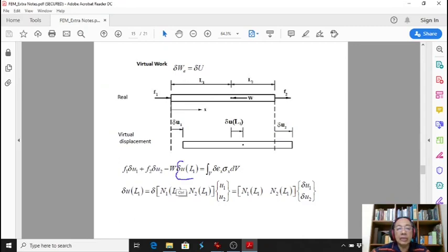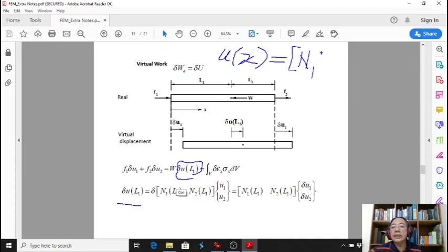From the previous slide, the function U of x is equal to the shape function N1 of x and N2 of x, a row vector, multiplied by the nodal displacements U1, U2.